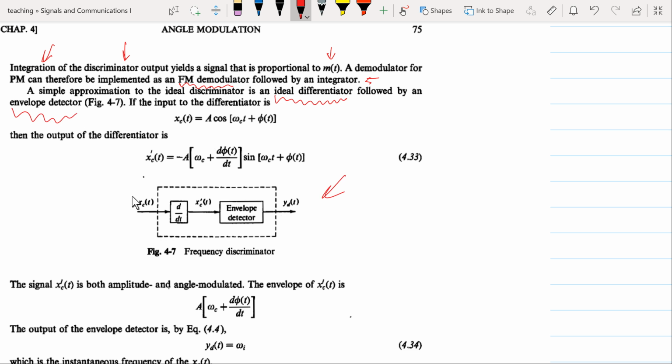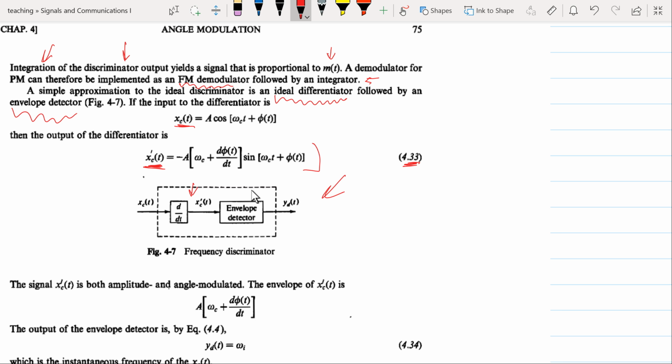We consider an input to the differentiator defined as x_c(t), so that at the output of the differentiator we will have x prime c of t, which is defined in equation 4.43, a straightforward differentiation.